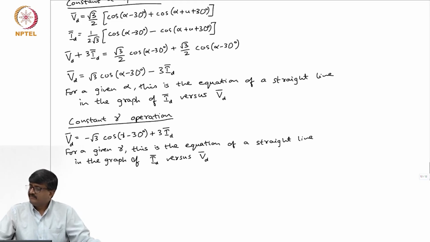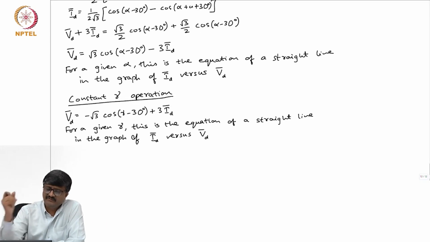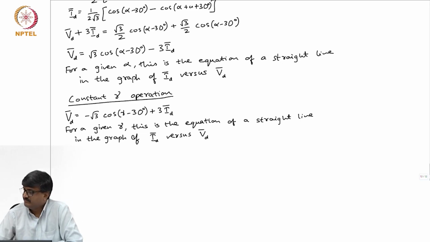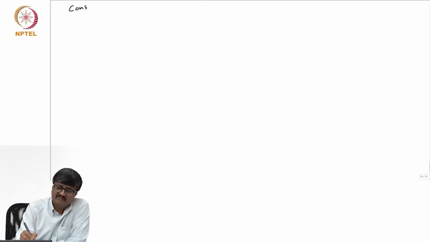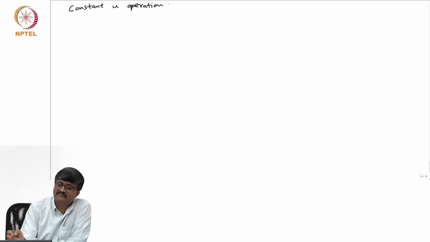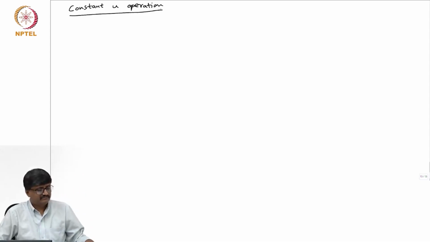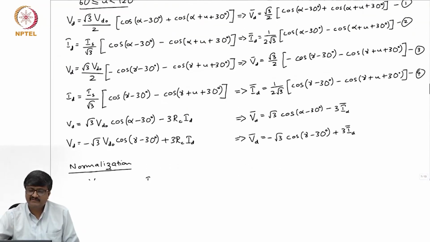So as in the case of u greater than 0 and less than or equal to 60 degrees, here also we can get the constant u operation. So let us see how to get constant u operation. If I want constant u operation, let me go back to these equations.